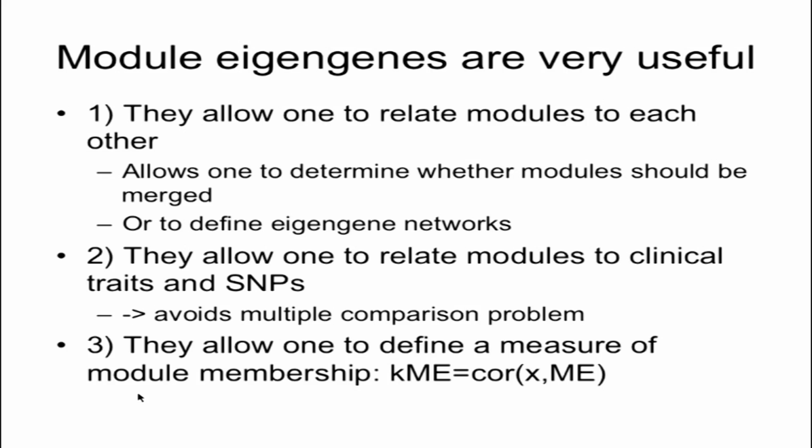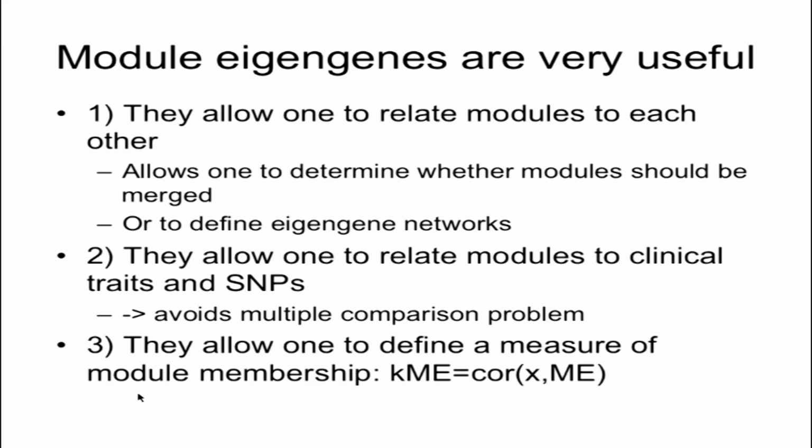Then you take these 500 genes and use them as input of a gene ontology enrichment analysis, and you say, oh, they are all highly enriched with mitosis-related genes. So this measure is called connectivity based on the module eigengene, often referred to as KME. But it is a module membership measure.